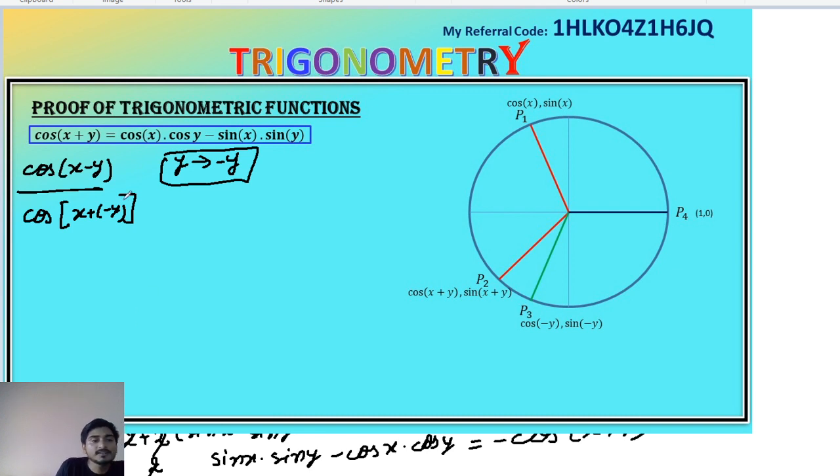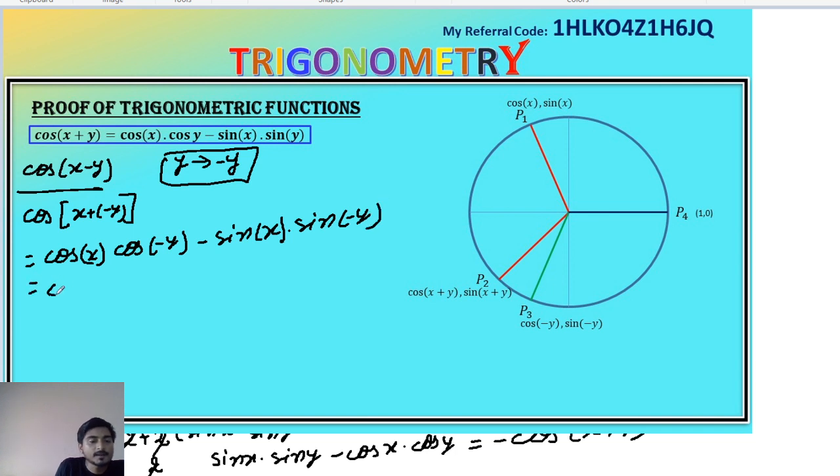Okay, so in this case this will become cos x into cos of minus y minus sine of x into sine of minus y. So this will finally become cos of x, and cos of minus y, as we just saw in the previous explanation, cos of minus theta is cos theta, so I can directly write this as cos of y only.